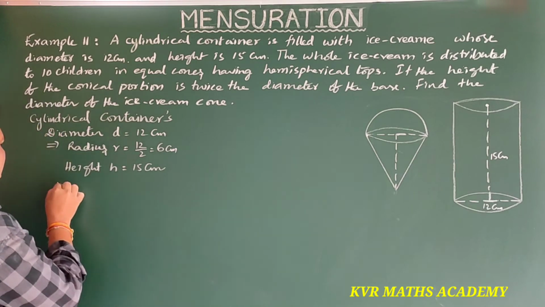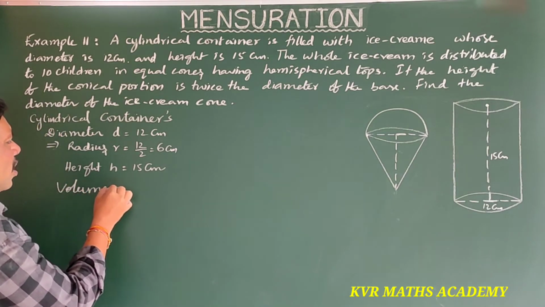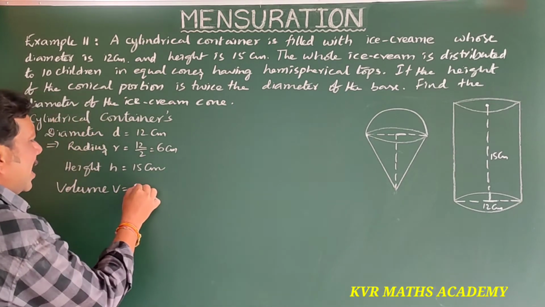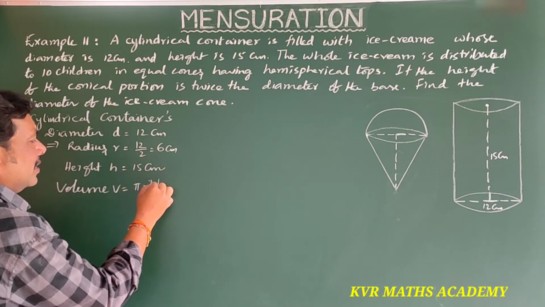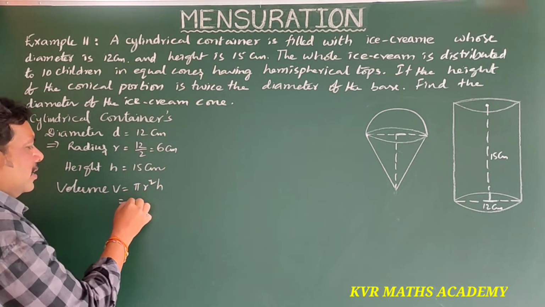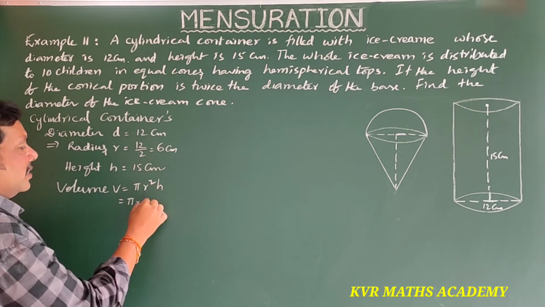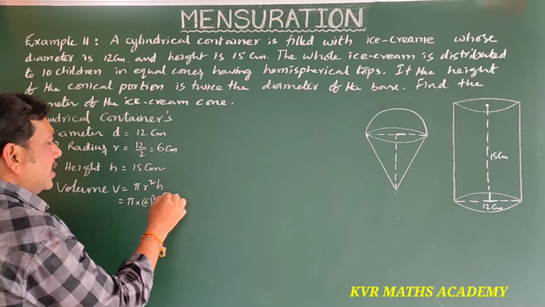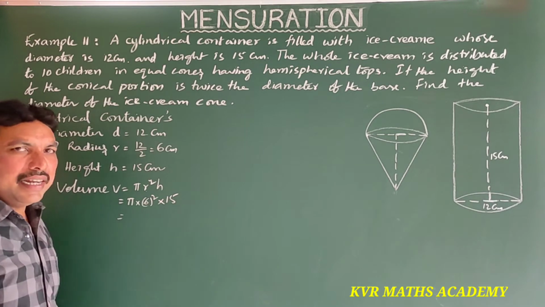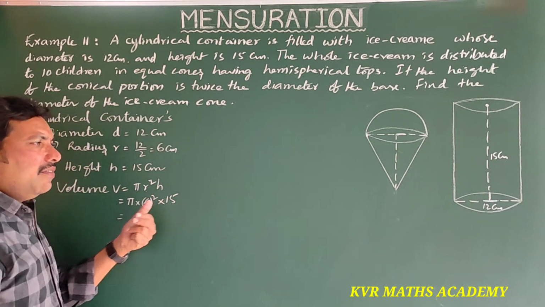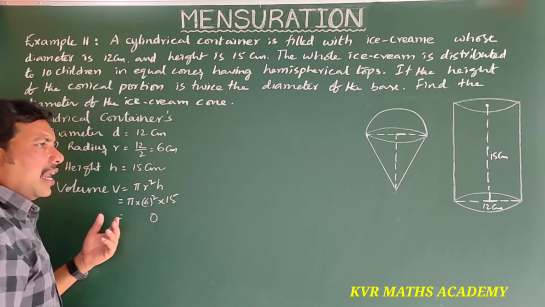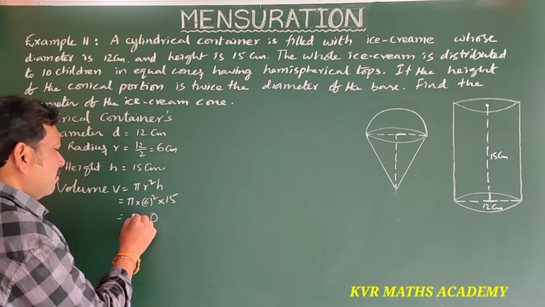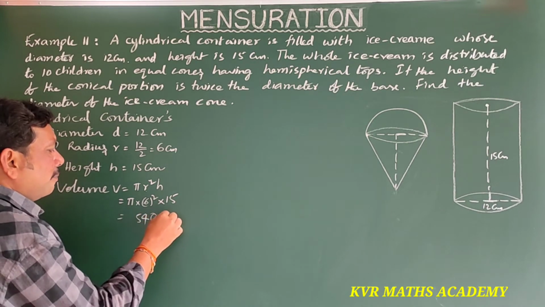Understood? Next, its volume V. What is the volume of the cylinder? Pi r square H. Pi into radius 6 square into height 15. 6 square is 36. 36 times 15: 15 times 6 is 90, 15 times 3 is 45, 45 plus 9 is 54. So 540 pi.